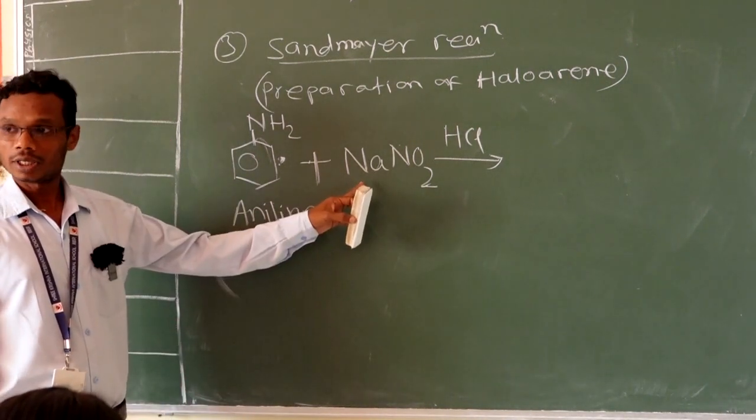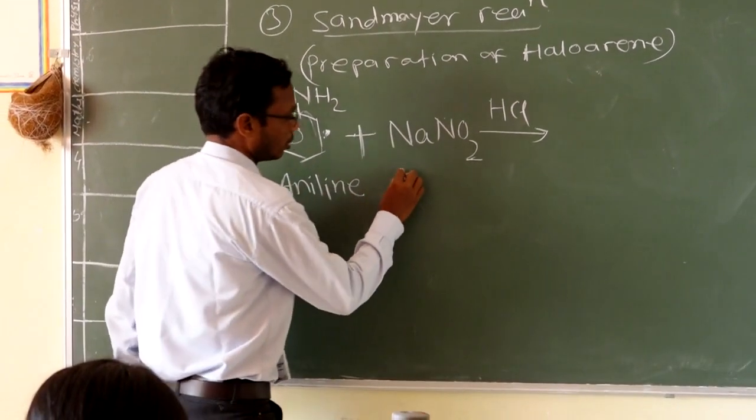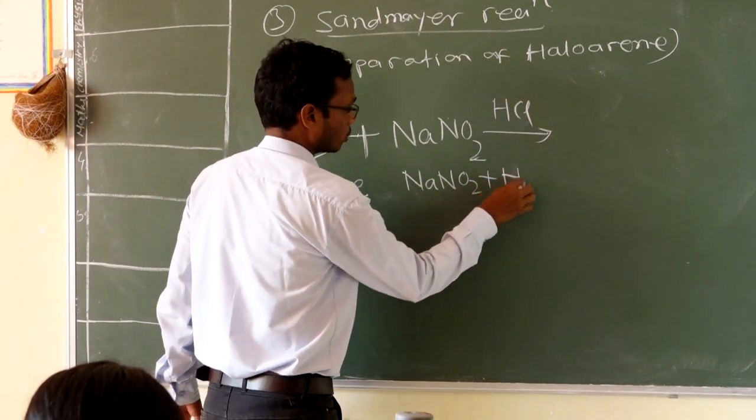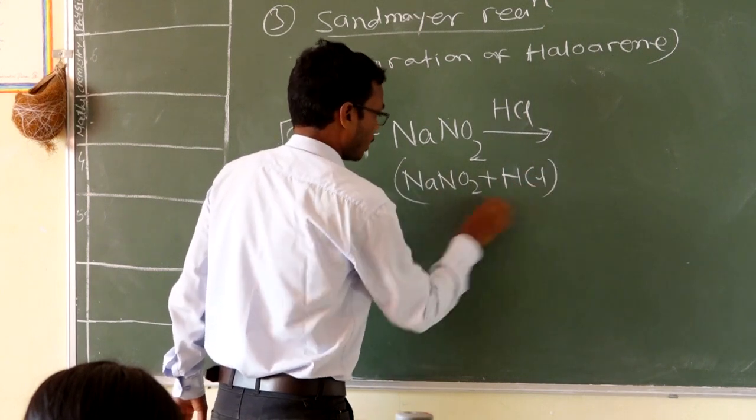In your equation, it may be written like this, or as NaNO2 plus HCl above the arrow.